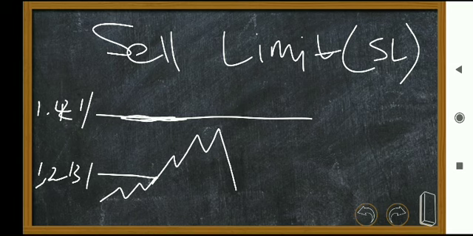So there are two cases whereby the limits are not triggered. One is when price never reaches that point. Secondly, price does touch, but then it continues and doesn't come back, so your orders will not be activated.